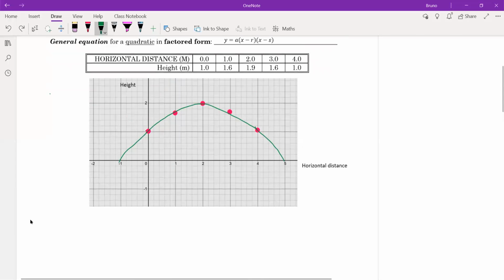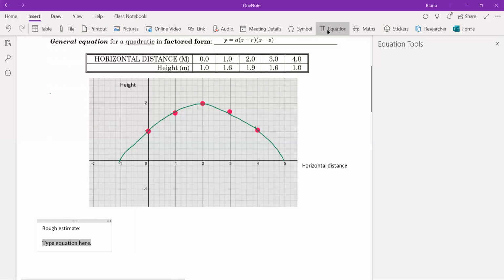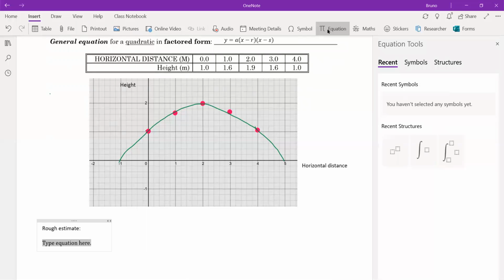So let's do a couple things here. We'll call this one a rough estimate. What we're going to need then is the equation.